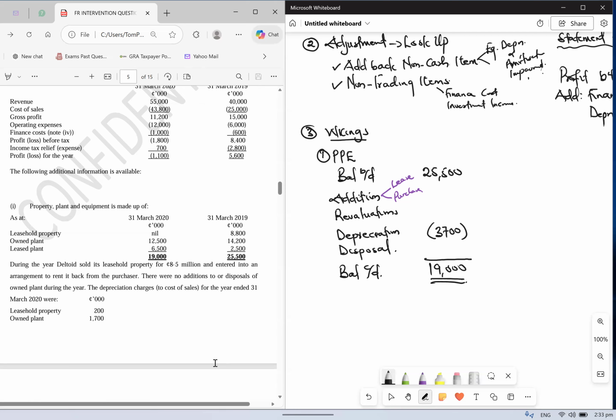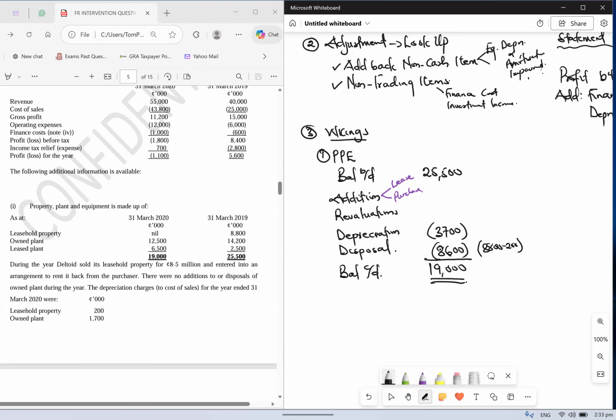So this is 8,800 and this is its depreciation. So the carrying amount will be what? It's 8,800 minus 200. Is that not it? That's the carrying amount you are disposing. So this is the cost, 8,800, and the depreciation for that one. That's the leasehold. So we dispose 8,600. That means that if you sell off an asset, the asset cost must leave your books. The accumulated depreciation too must leave your books.